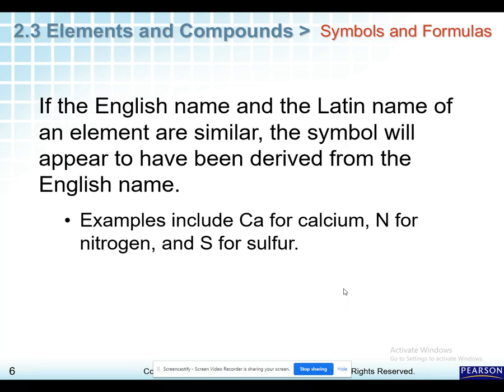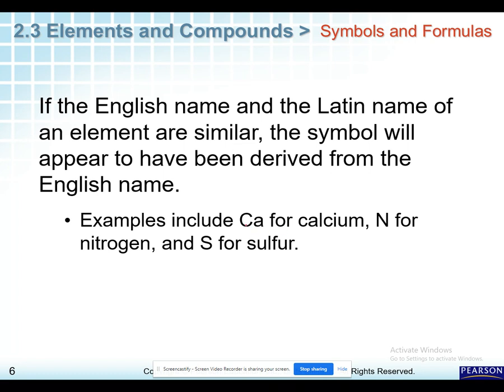Okay. Now, the weird thing about Latin is a lot of languages are based on Latin. They have Latin roots. So a lot of times the English name and the Latin name of elements are similar. And so when we see these symbols for these elements, we think that they're named after the English name.